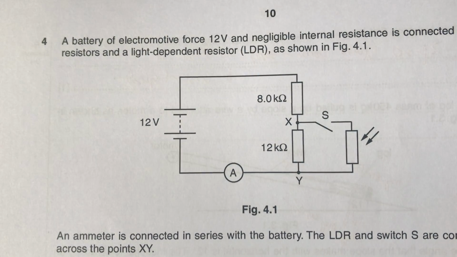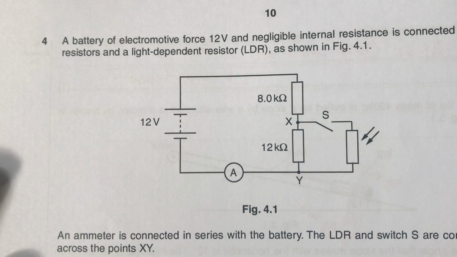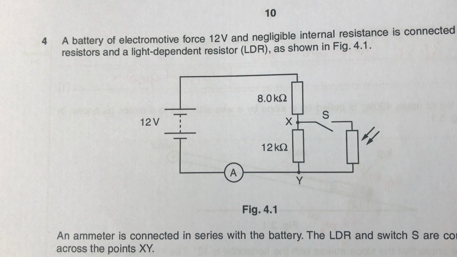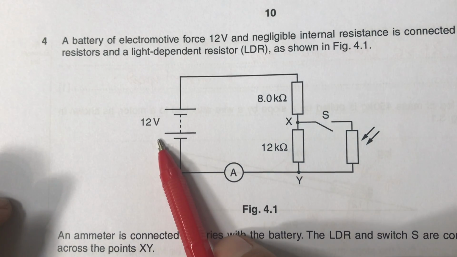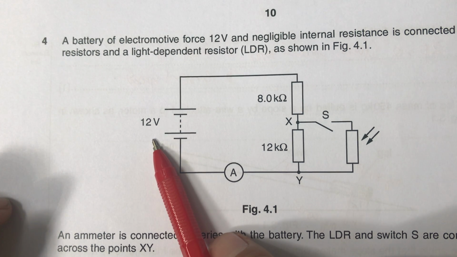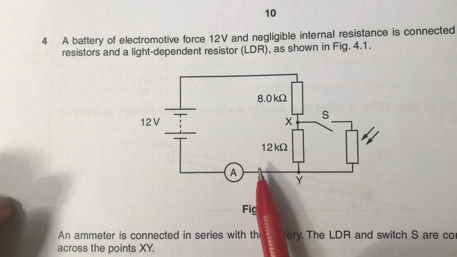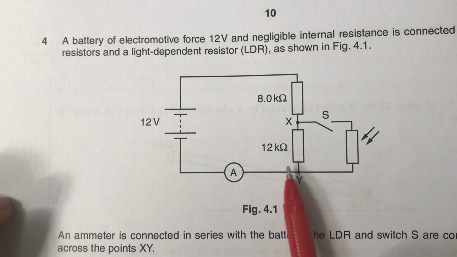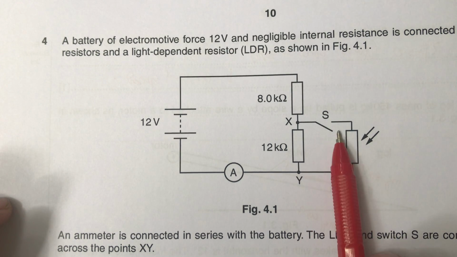A battery of electromotive force 12 volt and negligible internal resistance is connected to two resistors and a light dependent resistor, or LDR, as shown in figure 4.1. The EMF here is 12 volt, and we have two resistors, 8 kilo ohm and 12 kilo ohm, and the 12 kilo ohm is connected in parallel with the LDR.